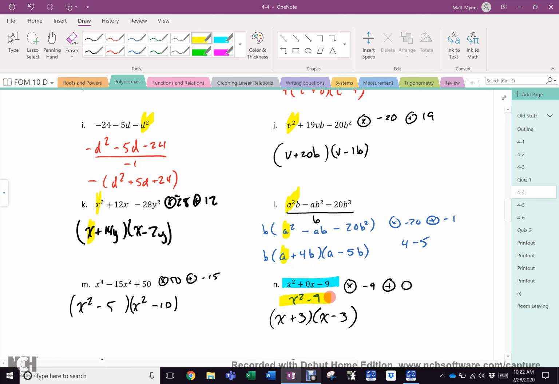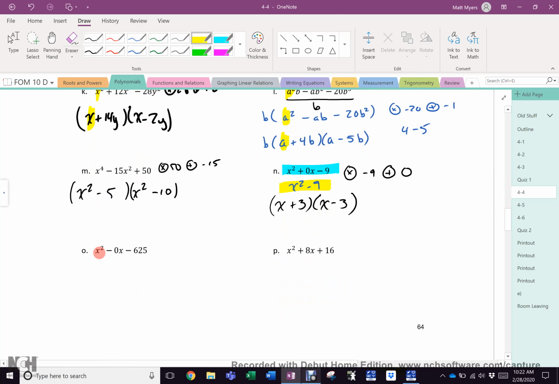All right? Some of you already see the pattern there. Oh no, I've done it again in O. What should that really be? X squared minus 625. You're smart kids. X squared minus 9, x plus 3, x minus 3. What's this one going to be? Without even thinking about it.